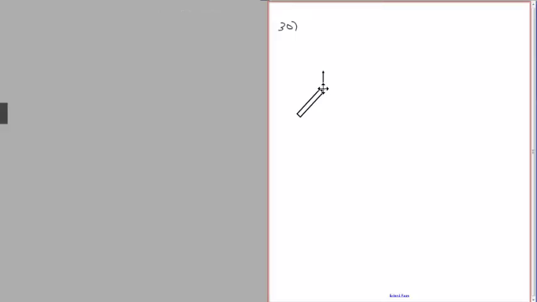So this is positive y, this is positive x. The actual velocity comes out of here, 55 degrees, so theta is 55. The velocity, and that's the total velocity, not the components, is 300 meters per second.